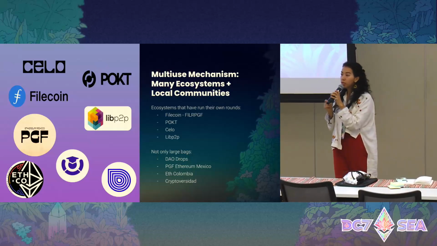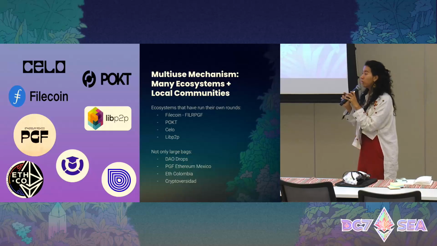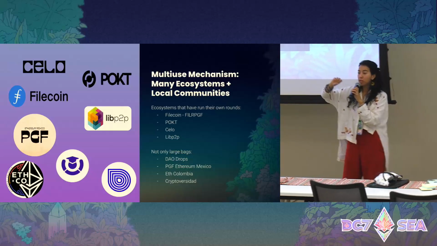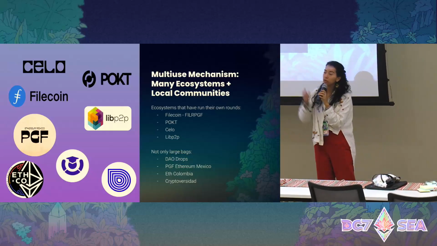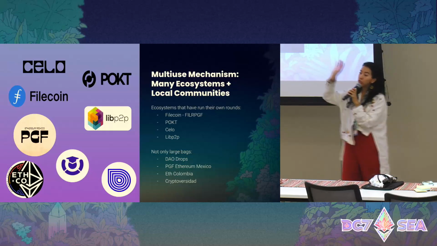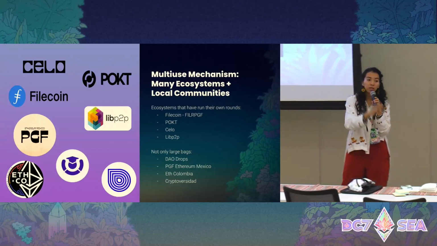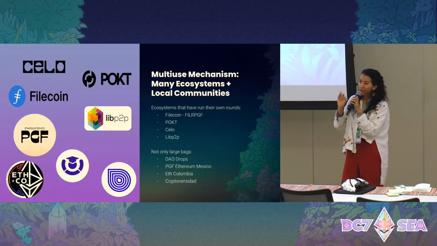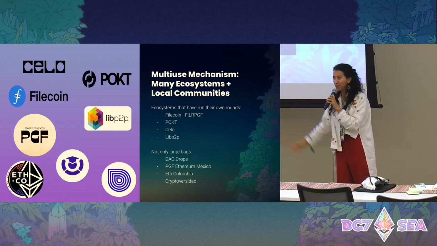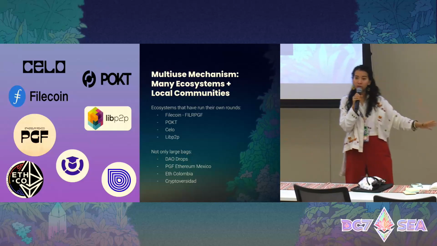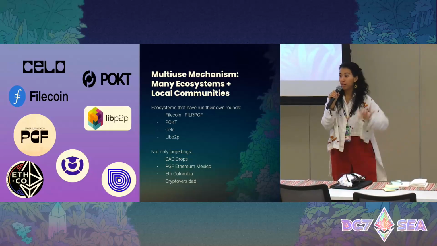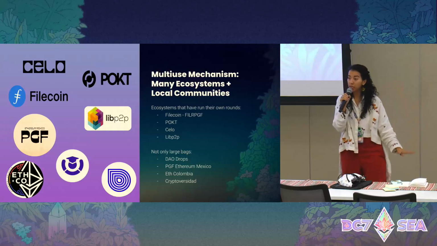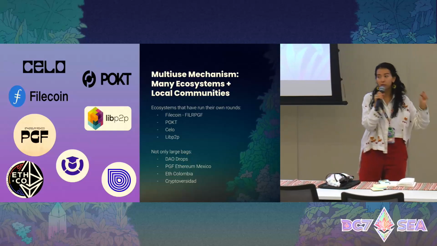So one of the really nice things about RetroRounds is that you're creating a feedback loop of behaviors that you're incentivizing that are going to enable your community or your ecosystem to get to a goal, right? While for ecosystems this may be growing your TVL, making your users more sticky, or growing the number of your users, we can also see local communities that are trying to onboard more people into Web3, that are trying to become more regenerative, use this mechanism to incentivize this type of positive behavior.